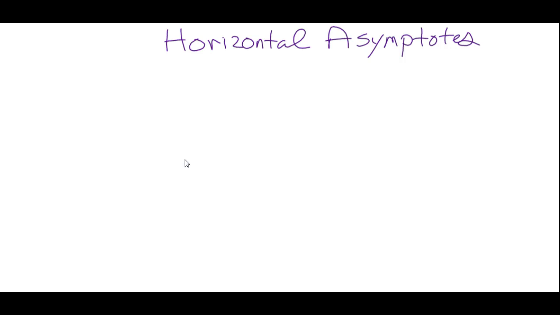Okay, so horizontal asymptotes, or the limit as x approaches positive infinity or negative infinity, which we've done, but now we're doing it with an eye towards the horizontal asymptote and curve sketching.